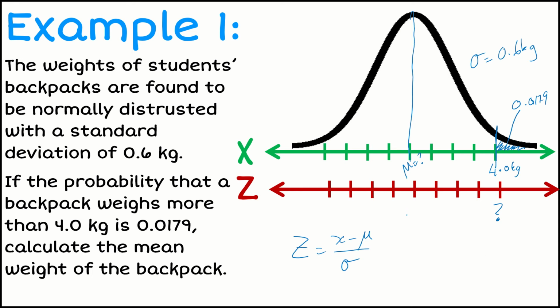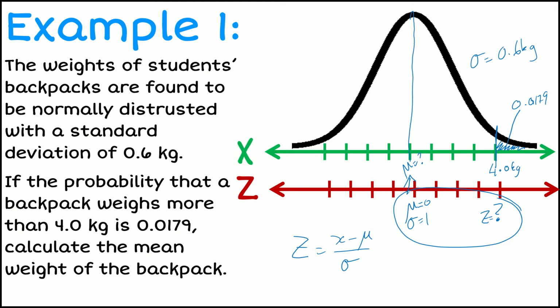With the z distribution, I know that it has a mean of 0 and a standard deviation of 1. So once I find this equivalent z value, I can then use this information to work out what the mean would be. So that's the process that I'm going to go through.